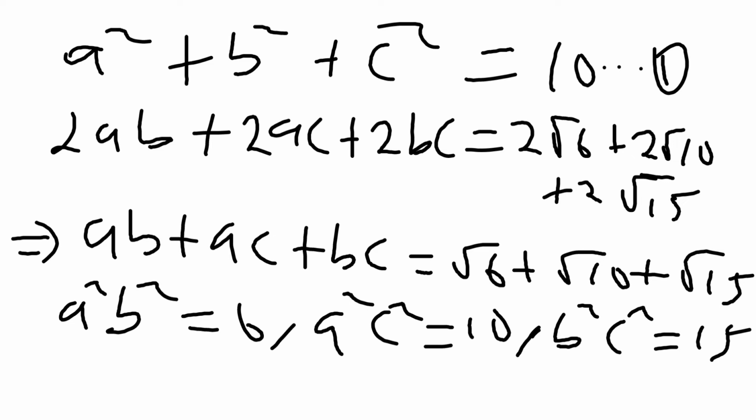I will call the first one equation 2i, the second one equation 2ii, and the third one equation 2iii. Now we want to solve for a, b, and c. From equation 1, I have that a squared is equal to 10 minus b squared minus c squared.